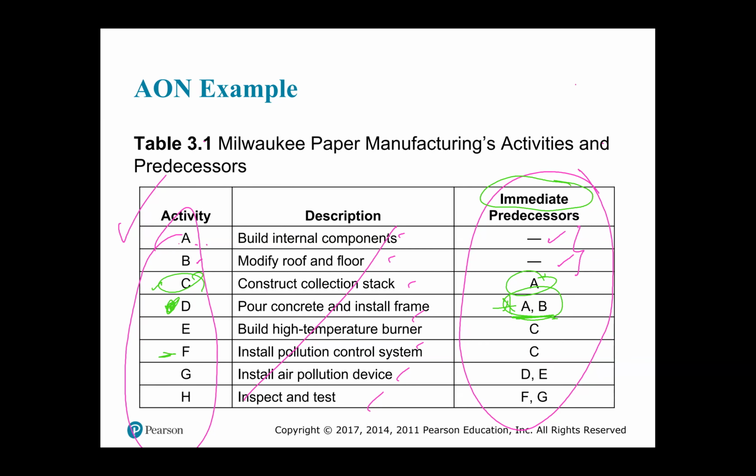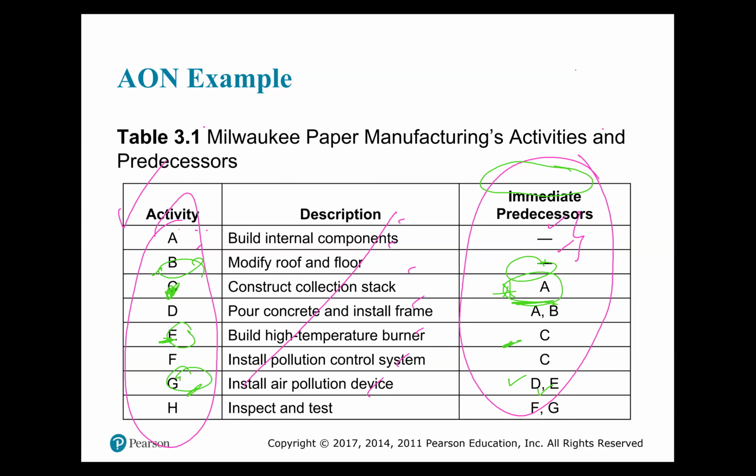So activity F, for argument's sake, cannot be accomplished or drawn until you have done activity C. And for activity H, you cannot accomplish or do activity H until you have accomplished activity F and activity G. All right, so it's important to understand the immediate predecessor relationships for you to successfully draw a network.